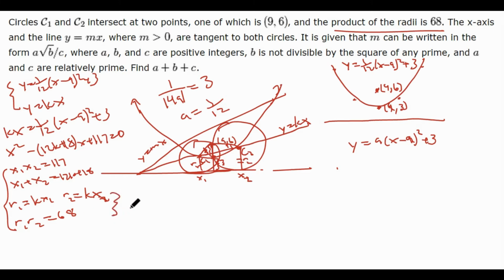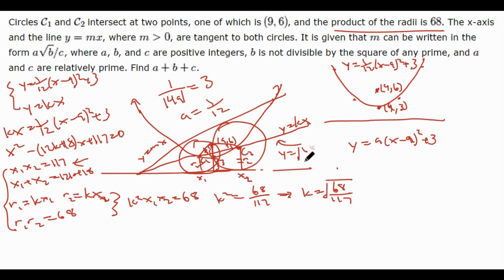So these two equations give k squared x1 x2 equals 68. But wait a second, x1 x2 equals 117 because that's here. So therefore, k squared equals 68 over 117, which means that k equals square root of 68 over 117. And now we know that the equation of this line is y equals square root of 68 over 117 of x.